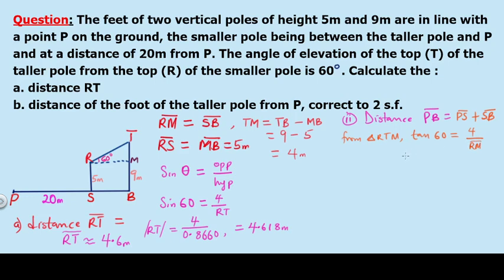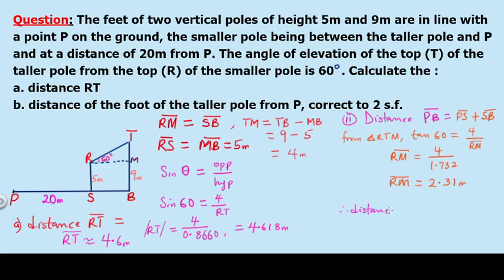Making RM the subject, distance RM equals 4 divided by tan 60, where tan 60 is 1.732, and our RM will then give us 2.31 meters.